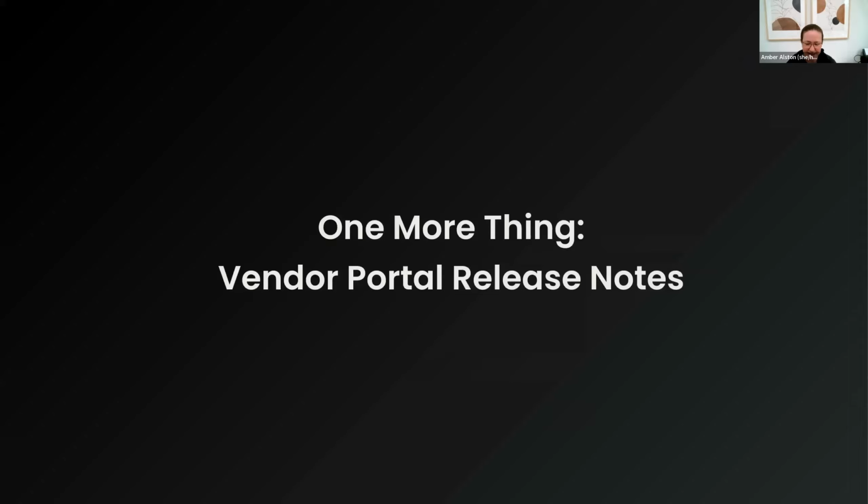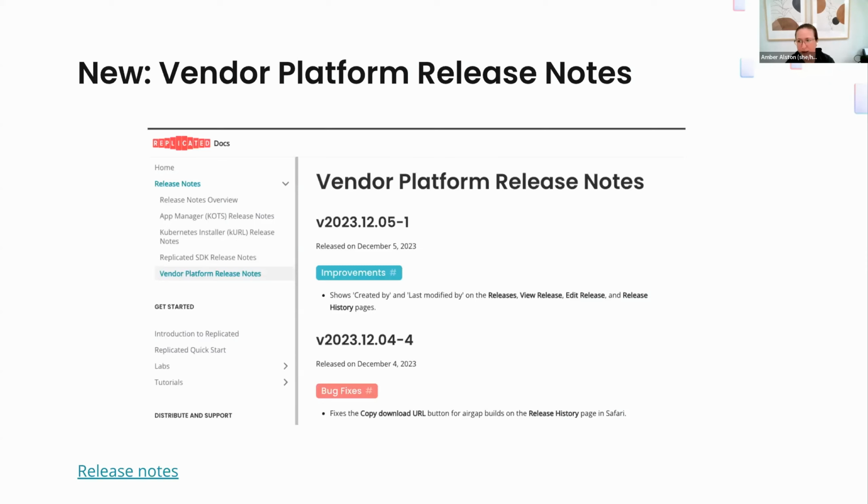And just one more thing before I wrap up. We've talked through a lot of exciting updates we've made this past quarter to Replicated's reporting and insights. But I wanted to also highlight something we introduced along the way, which was the vendor portal release notes. So in addition to forums like Replicon here or our various feature-related blogs, you can now easily find out about any new capabilities, improvements, or fixes to vendor portal via the new vendor portal release notes, which covers anything associated with the vendor portal UI, CLI, API, and that includes the compatibility matrix as well.